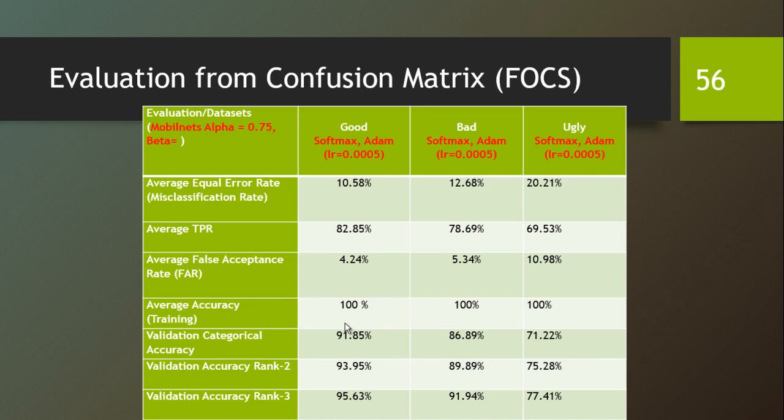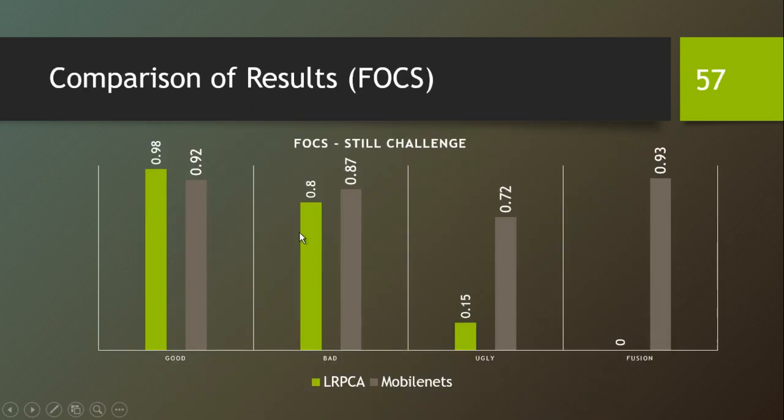These were results reported on the Mobilenet while setting alpha and beta to 0.75.